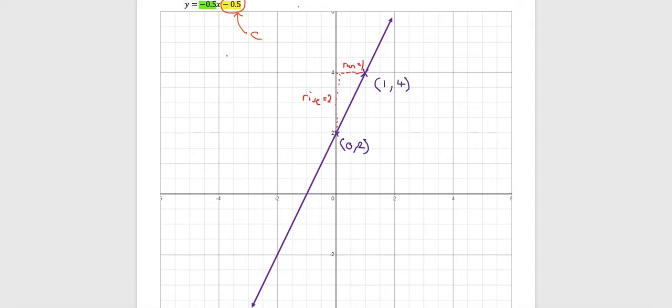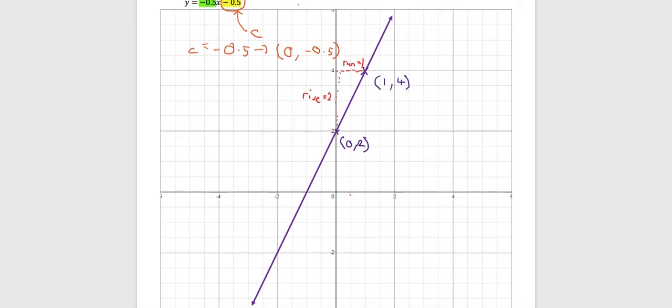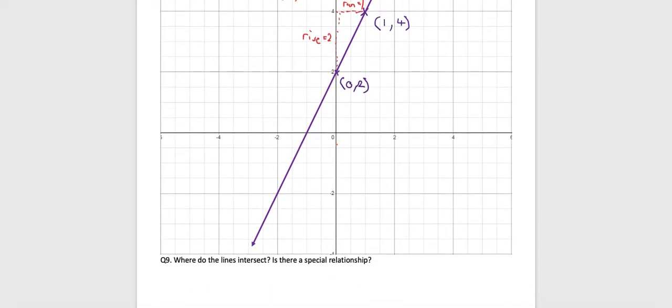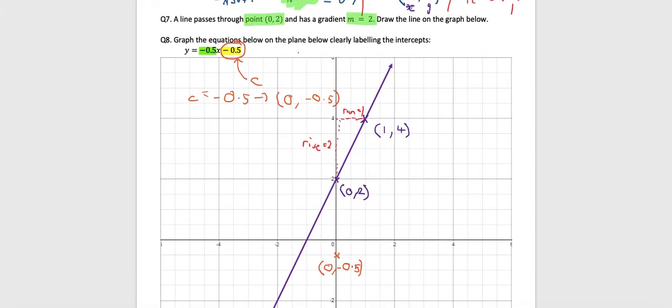So if C equals negative 0.5, we have to look for the point 0, negative 0.5, and that's going to be, I believe, here. So this is 0, negative 0.5, and this is going to be the first point we have.